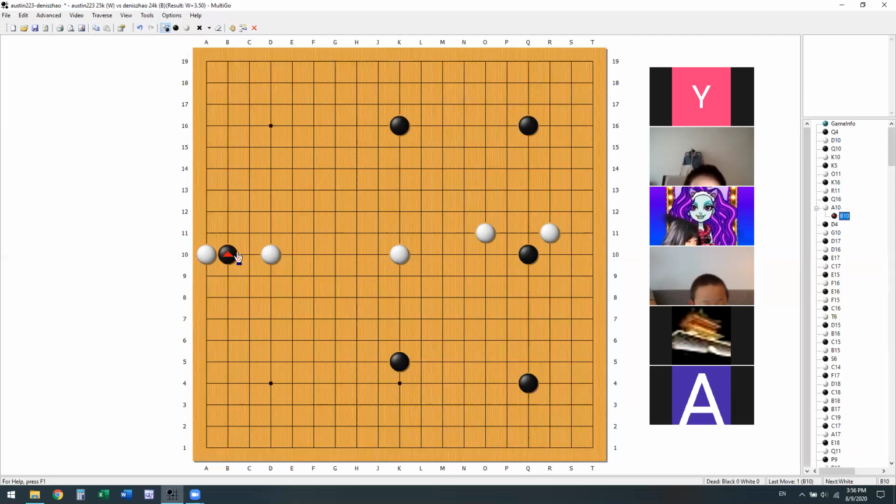If black goes there, then this stone can be killed easily. So next time, try not to put a stone on the first line. Instead, you can go somewhere on the third line or the fourth line. Those are all good. Of course, you can play somewhere even higher, like here, that's all fine. But don't put a stone on the first line or second line, because that is too small. The territory is too small, even if your stone is alive.